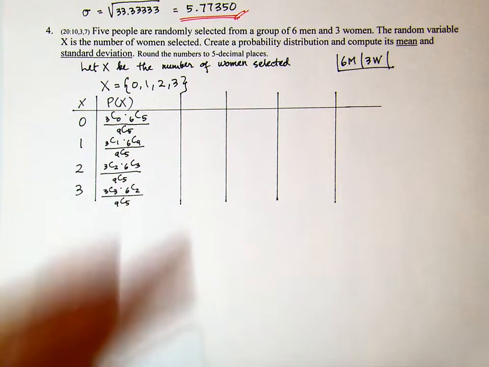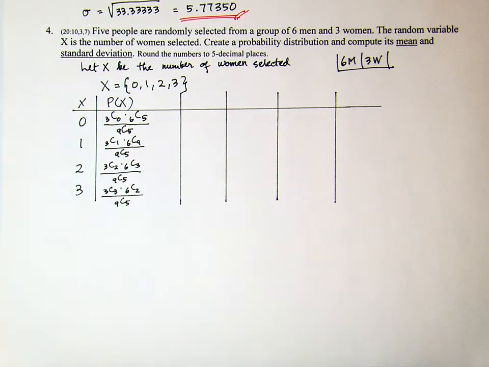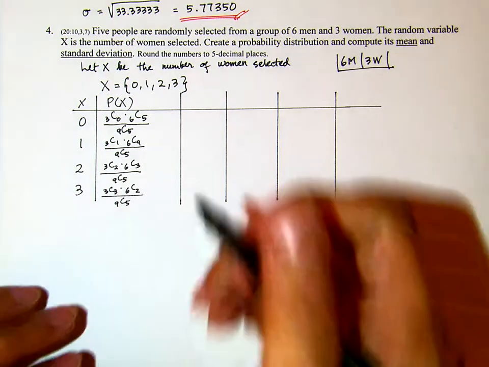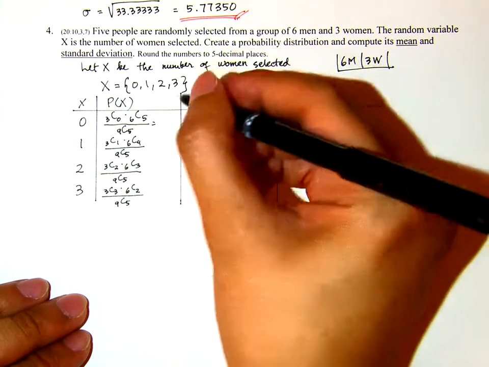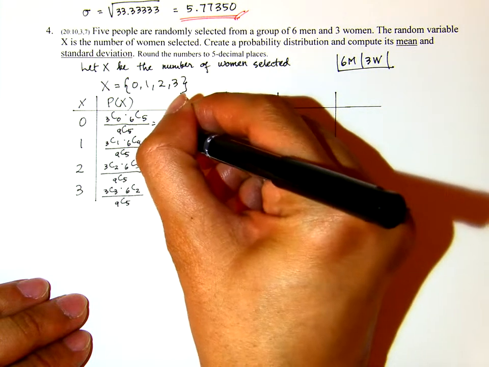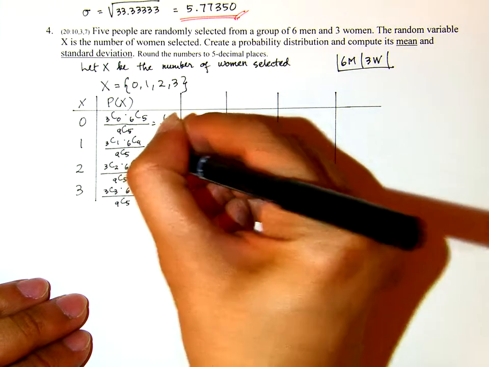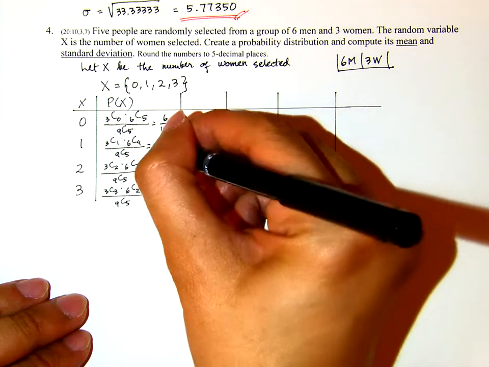Even though I say use 5 decimal places, you can if you want to, but this time let me keep that in fraction. I will make it into fraction. This will be later on 6 over 126. I don't reduce it though. Okay, I keep it that way.